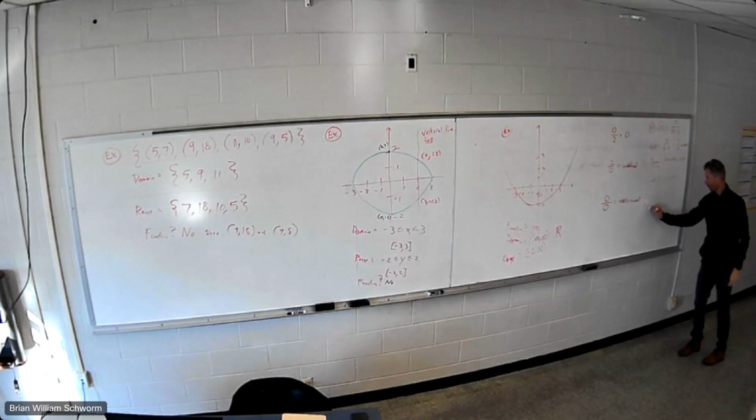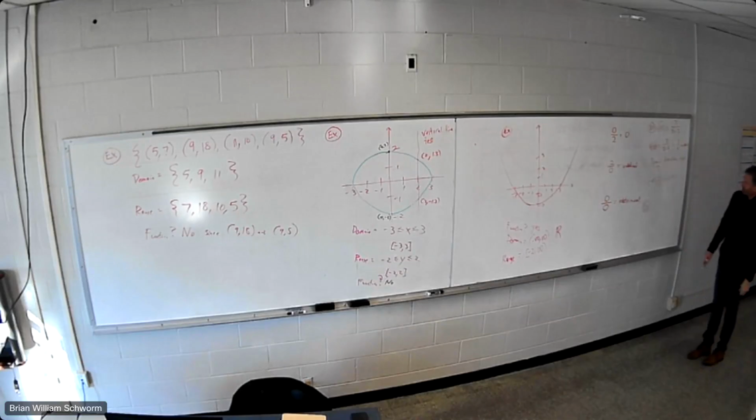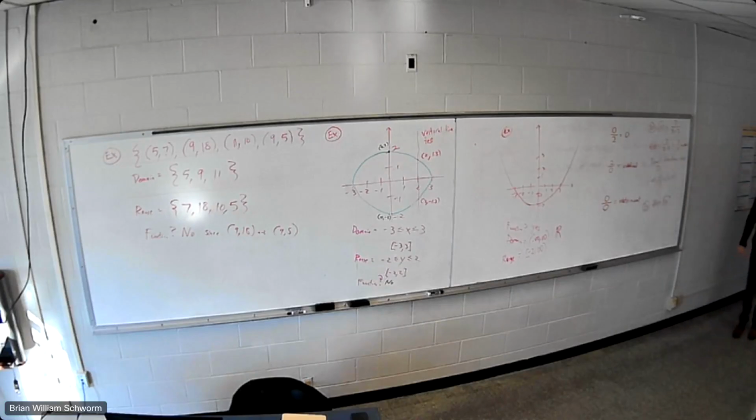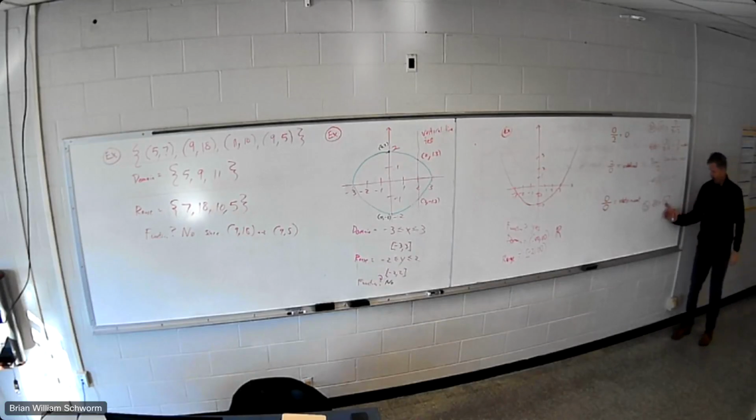Squeeze in another one here. What would the domain of that function be? Now, the idea is the same. It's all the x's that you could plug in and you'd be able to do the calculation in terms of real numbers.